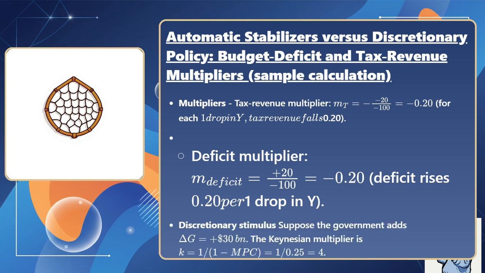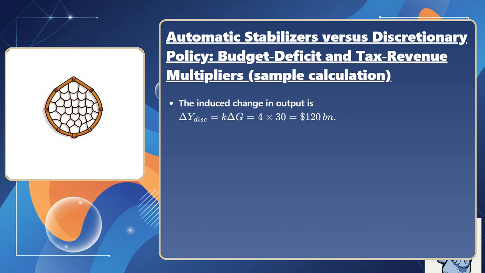Discretionary stimulus. Suppose the government adds delta G equals plus $30 billion. The Keynesian multiplier is K equals 1 divided by (1 minus MPC), which equals 1 divided by 0.25, which equals 4. The induced change in output is delta Y_stim equals K times delta G, which equals 4 times 30, which equals $120 billion.